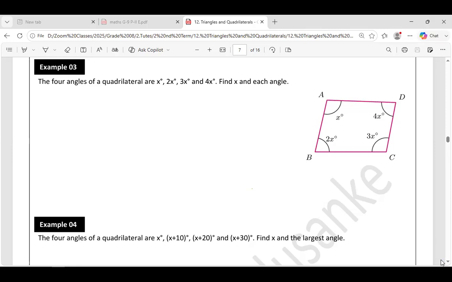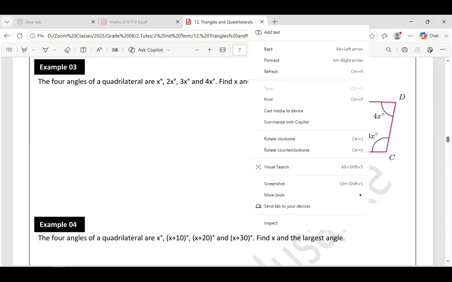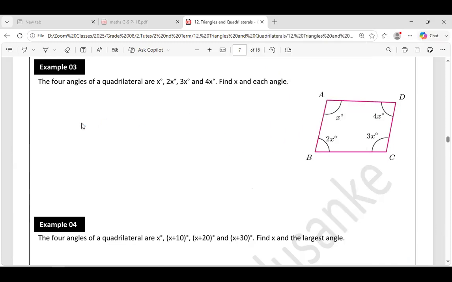First of all, do example number 3. Once you are back, do this and send me the answer. Do example number 3 and send me the answer.